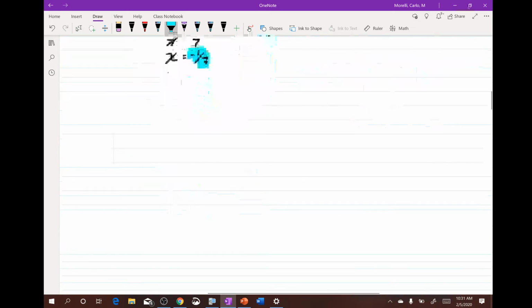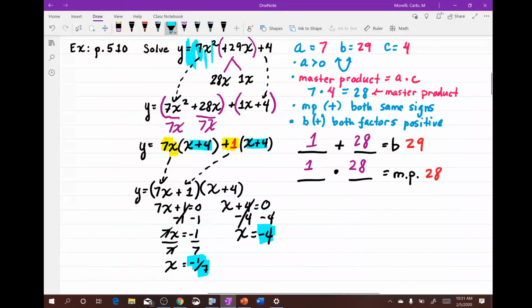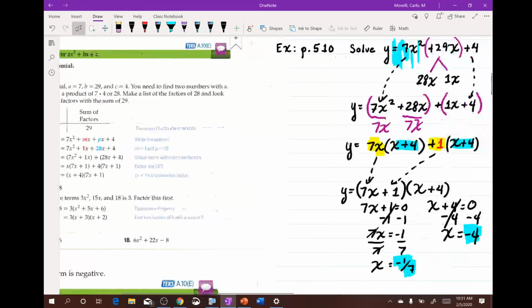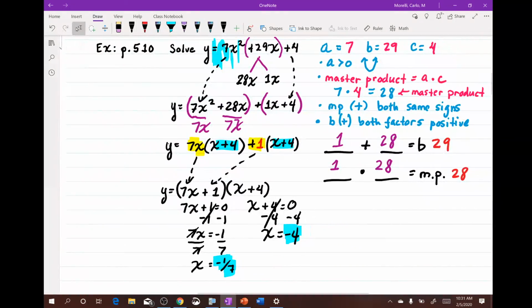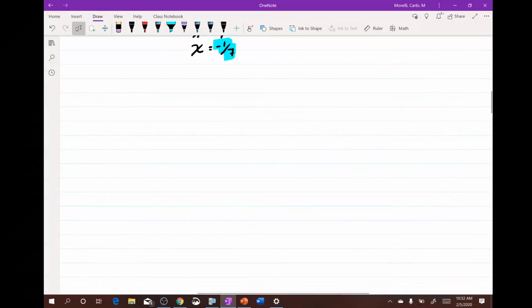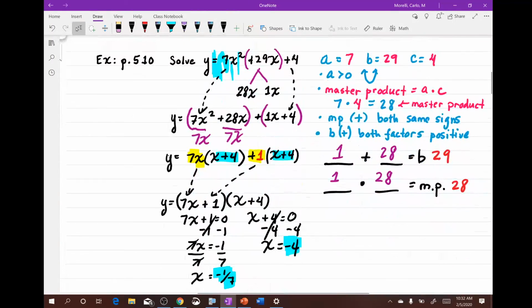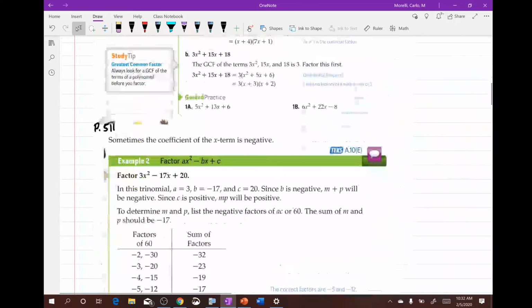Okay, let's do one more real fast before we go home. 3x squared plus 15x plus 18. No, I don't want to do that one because it involves initial factoring.